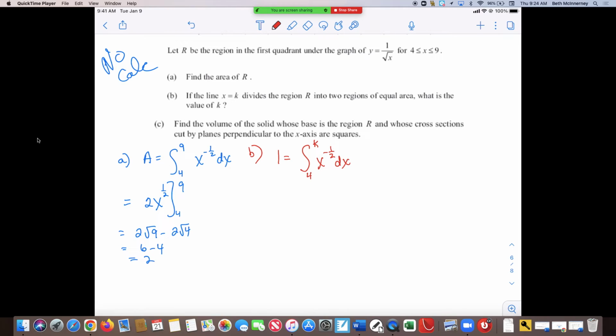I know half of the area is 1, and I want to know where between 4 and 9 there is a k that would give me an area of 1. You could technically also do k to 9. That would also be an acceptable equation.